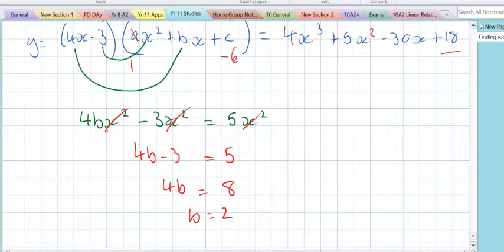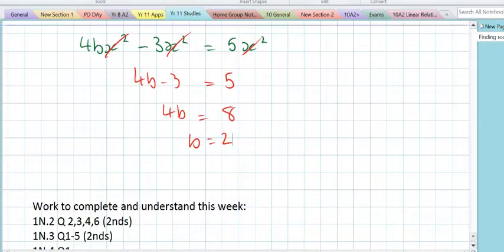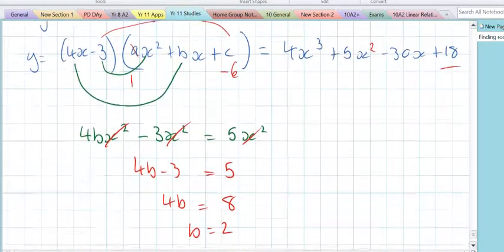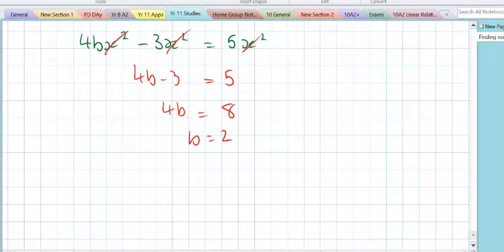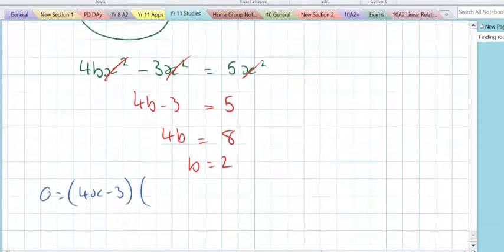Love it when that happens. So now our entire cubic is 0 equals 4x take 3 bracket x squared plus 2x take 6.